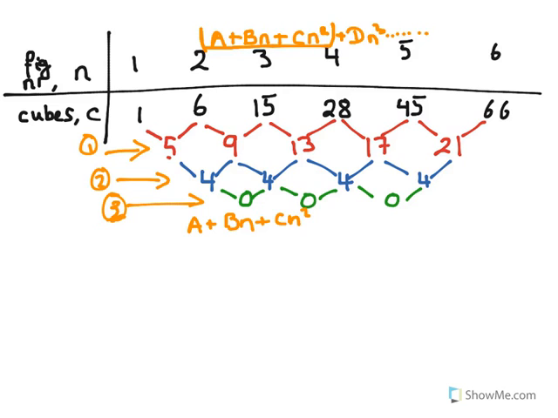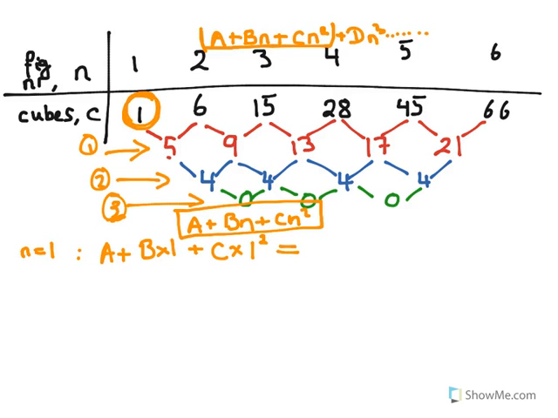The way that we work this out is we say for n equals 1, we know that we've got an equation of this form, a plus bn plus cn squared. We have to substitute our values in: a plus b times 1 plus c times 1 squared equals the number of cubes for n equals 1, which is 1.